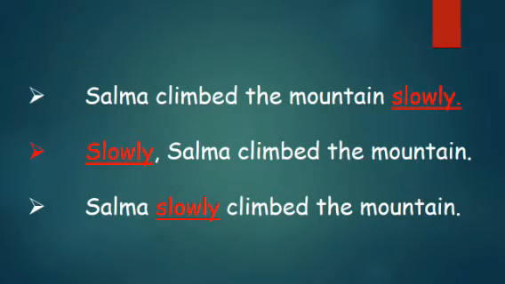So let's take a look at an example. As you can see, the adverb is in 3 different parts of the sentence, but the meaning is exactly the same. So let's practice pronunciation. Repeat after me, please.